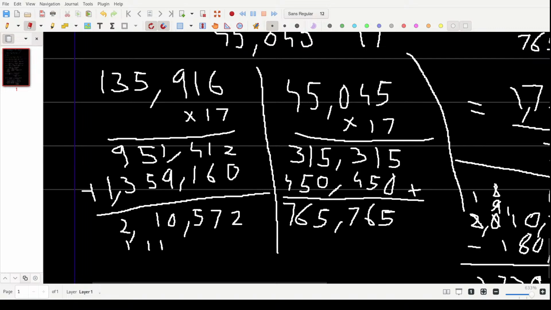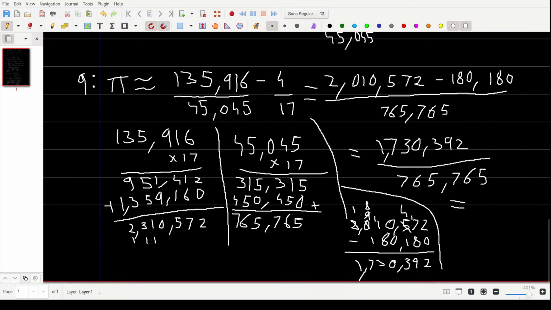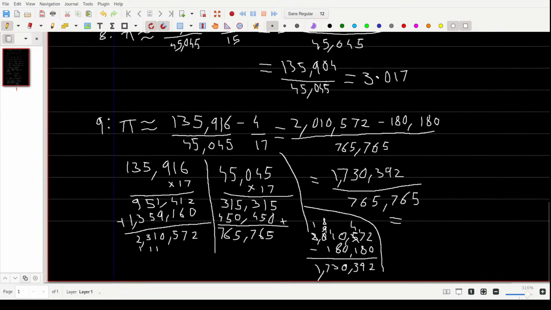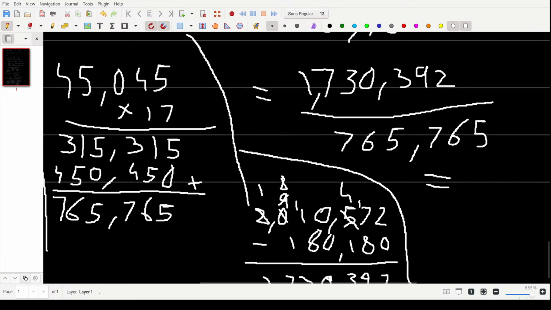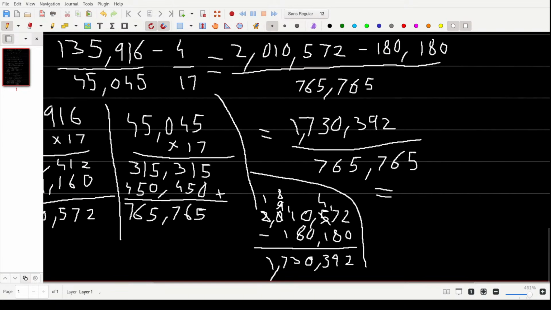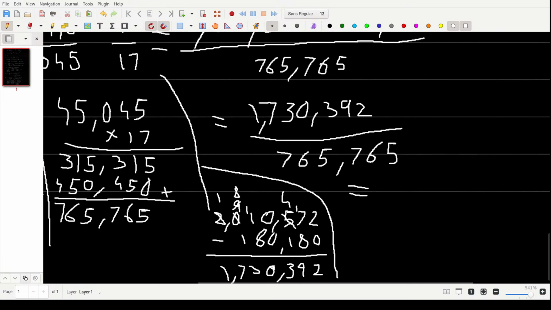This is supposed to be 3. And then this subtraction, so what is it? 2310.